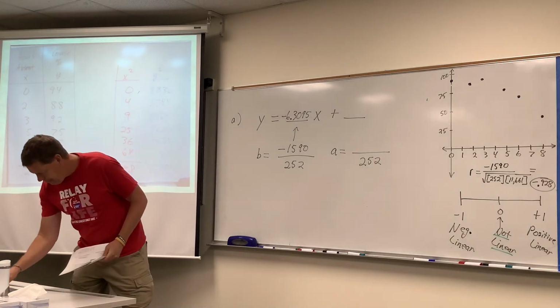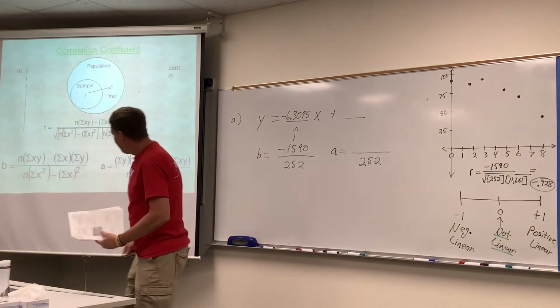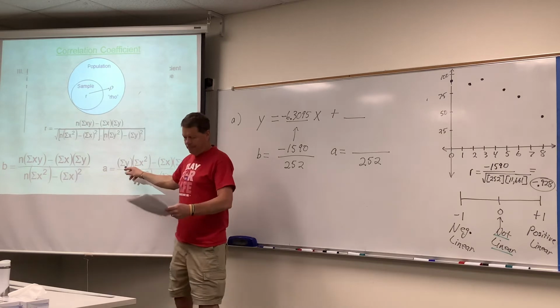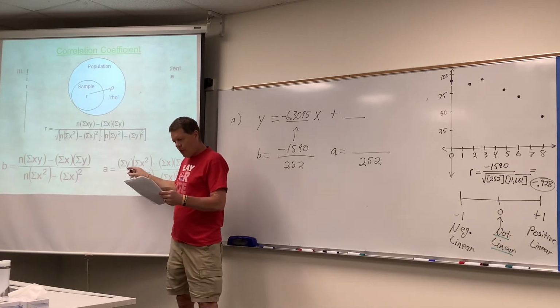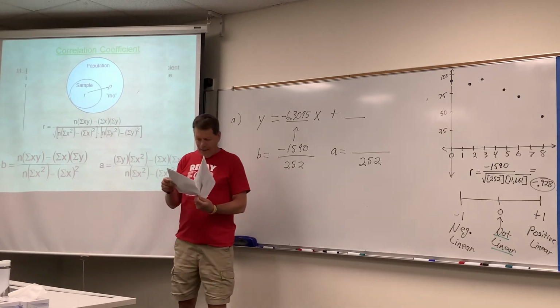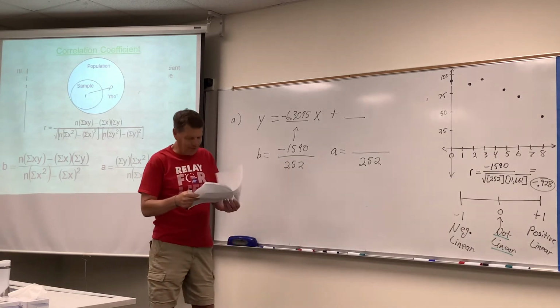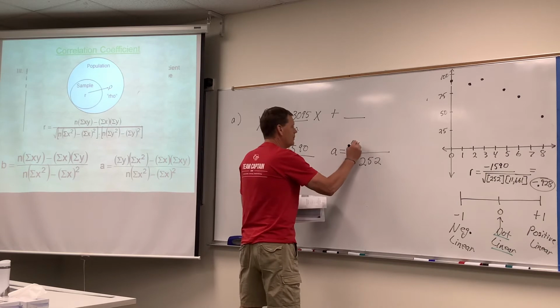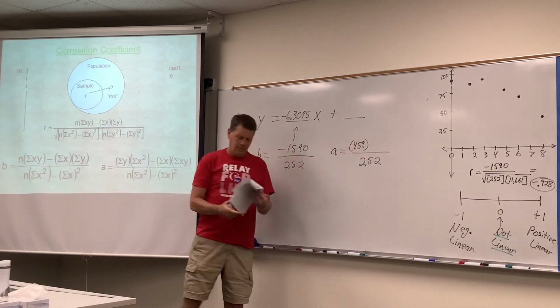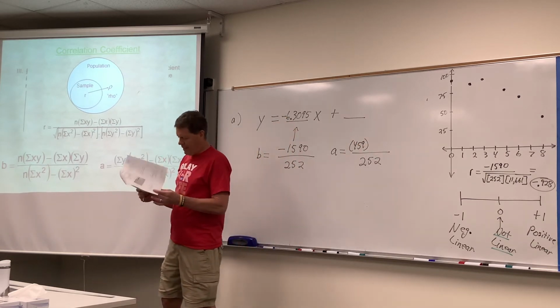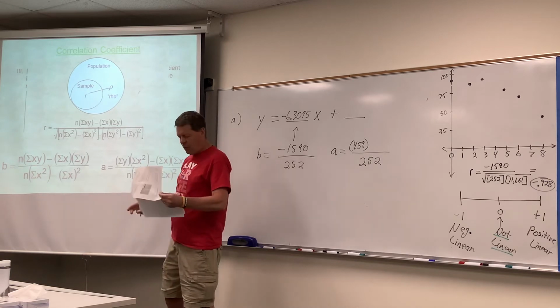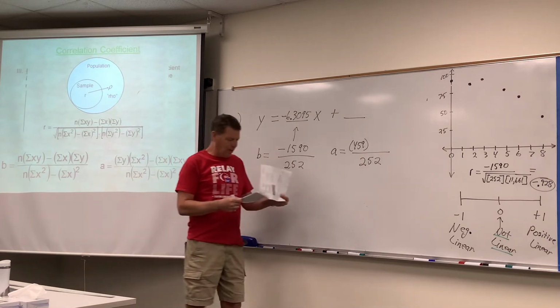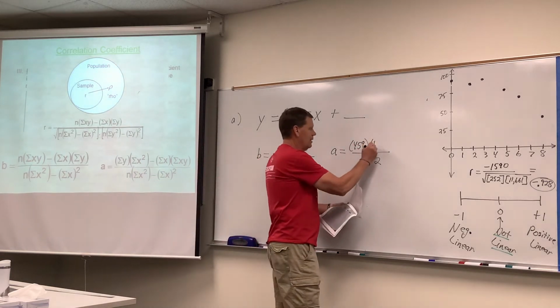So, the sum of y, sorry I'm flipping around. The sum of the y would be 459. I hope I'm looking at the right thing here, yeah. And then the sum of x squared, that'd be that red column, wouldn't it? 138.